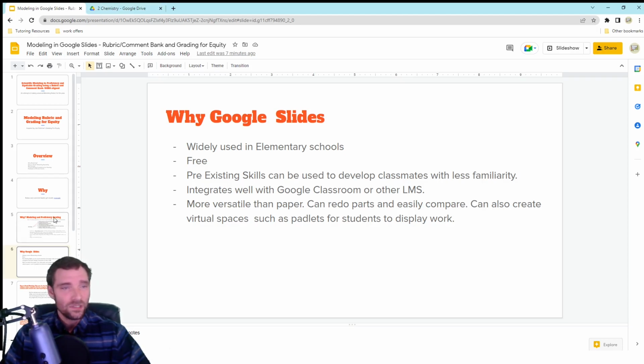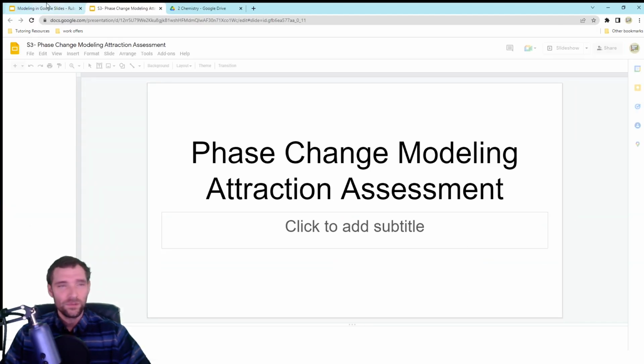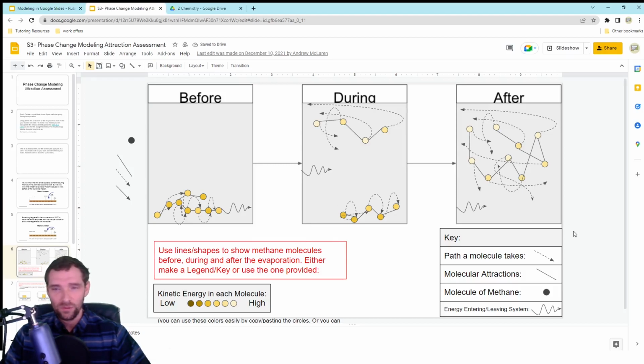That example I showed you earlier, you could imagine if you did something wrong on this, rewriting this whole model is a huge pain. Going back to your old Google Slides and moving some things around or changing the color of something does not take very long. Redrawing the whole thing and then changing colors on things, yeah, that's going to take a long time. And that's not what we want to emphasize.